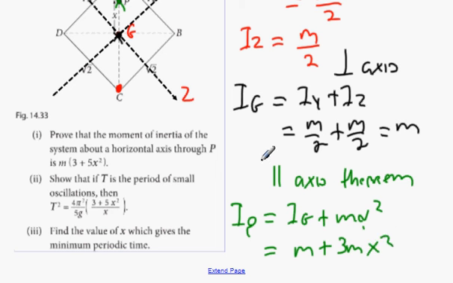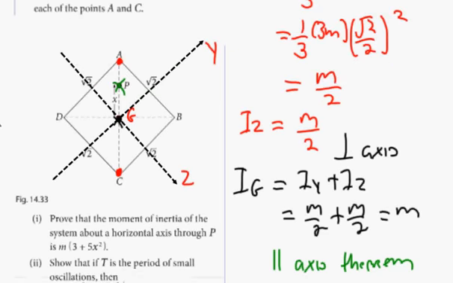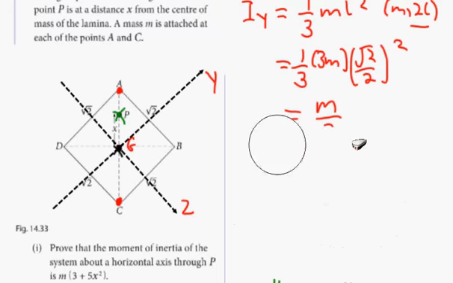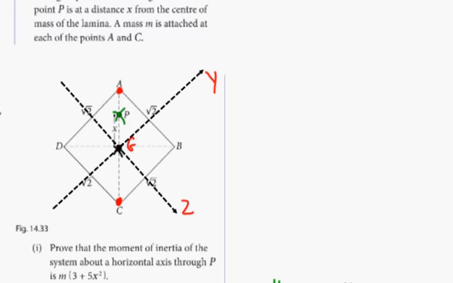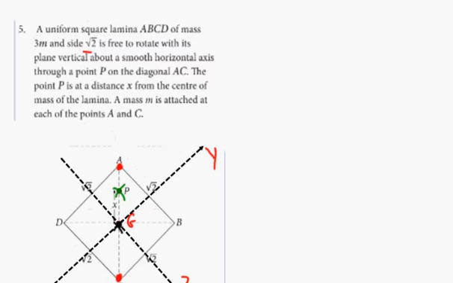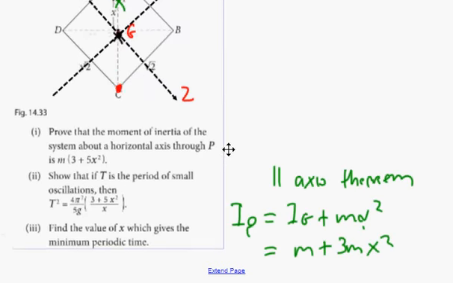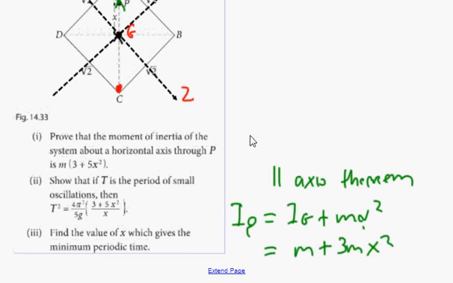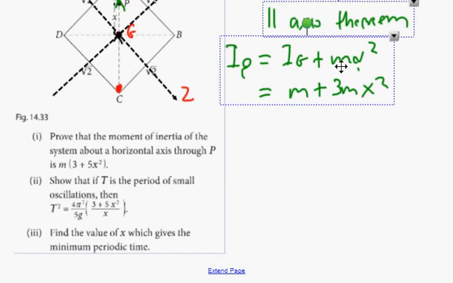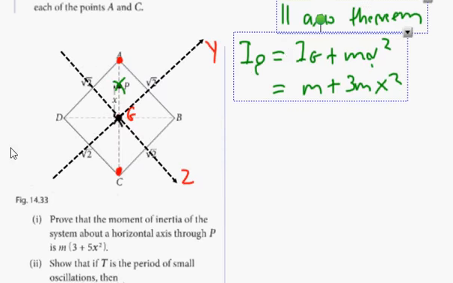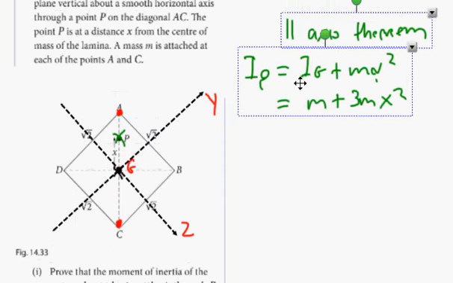What we've done thus far is only the square, the lamina. We haven't gone near the point masses yet, and we need to look at those as well. So that's our I P for everything in the green, the lamina.